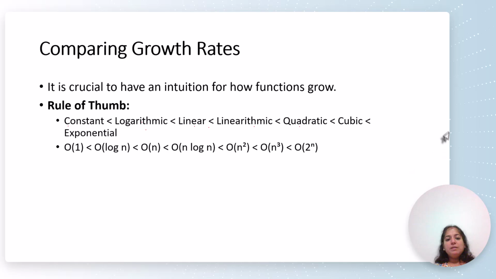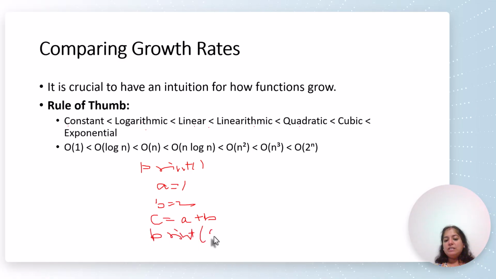For example, if you're writing a print statement, you're writing A equals 1, B equals 2, then you're writing C equals A plus B, and then you're writing print C. We are using these 5 statements, right? And all of these statements will take constant amount of time.